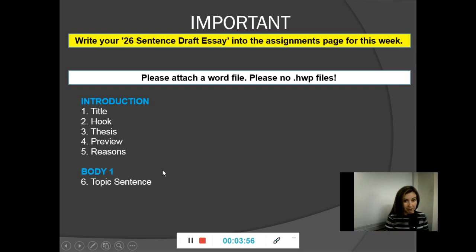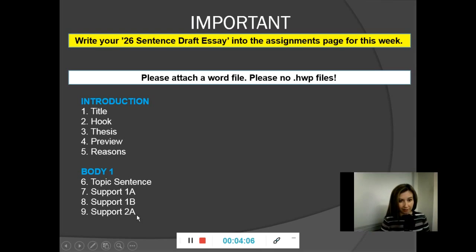In the body, you will need a topic sentence and a support, one support, and a second. You will need another support, and yet another, and another, and a closing sentence.